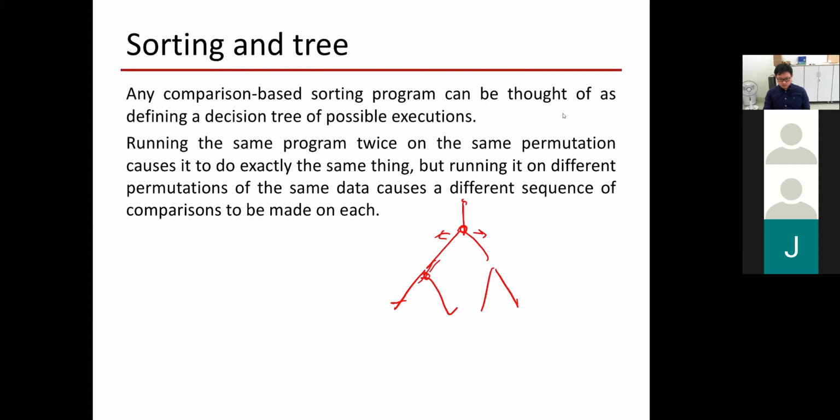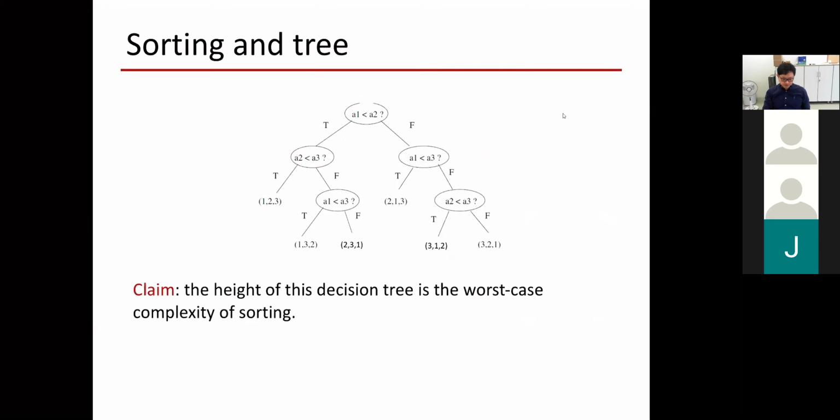Running the same program twice on the same permutation causes it to do exactly the same thing. But running on a different permutation of the same data causes a different sequence of comparisons to be made. Which means that based on the sequence of the data, the insertion, your tree may be shaped differently. So something like this.